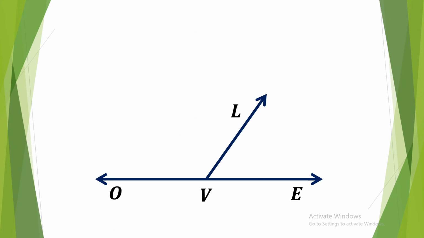Next, we have here the two angles, angle LVO and angle LVE. What's the relationship of those two angles again? Very good. They both form a linear pair and they are supplementary.